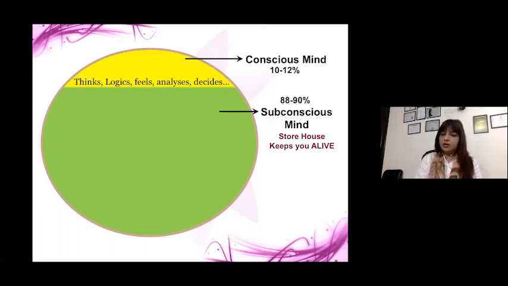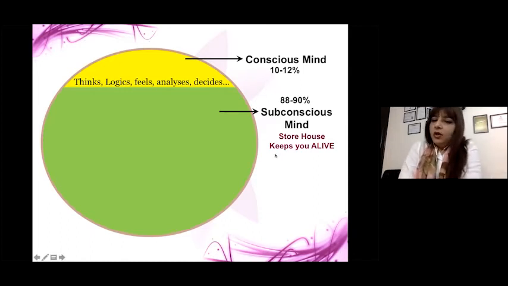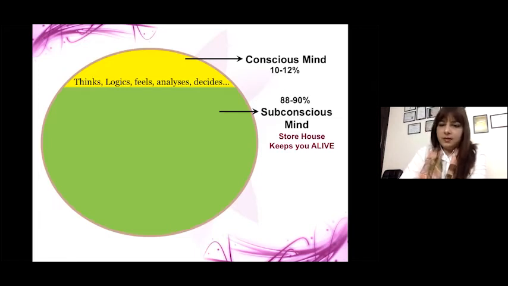No, it is not possible, because you cannot consciously decide how much bile to be produced, what should be my heartbeat, what should be my pulse rate, etc. So all these functions, who monitors it? It is being monitored by your subconscious mind. So all your vital organs are monitored by your subconscious mind, whether it is your kidney, your heart, your liver, all the nerves, etc. So it helps to keep you alive.